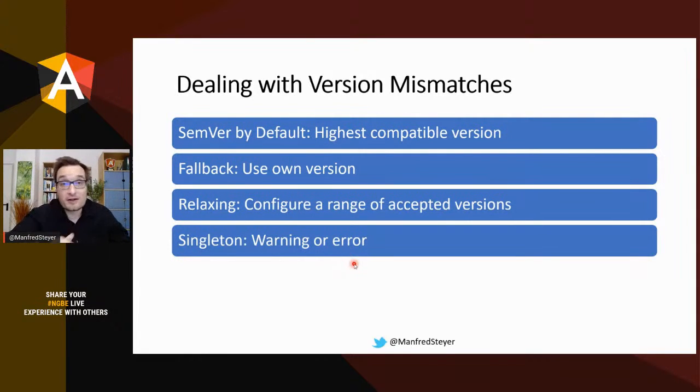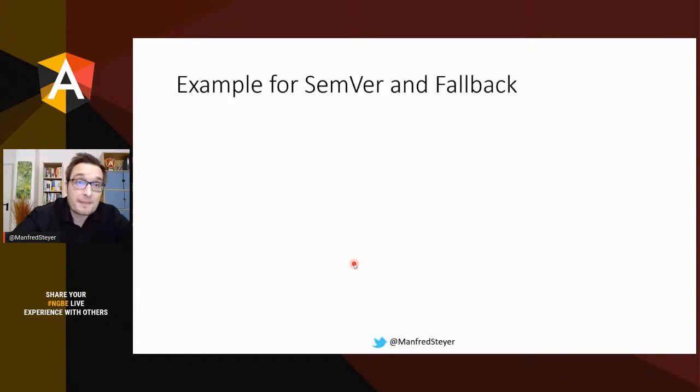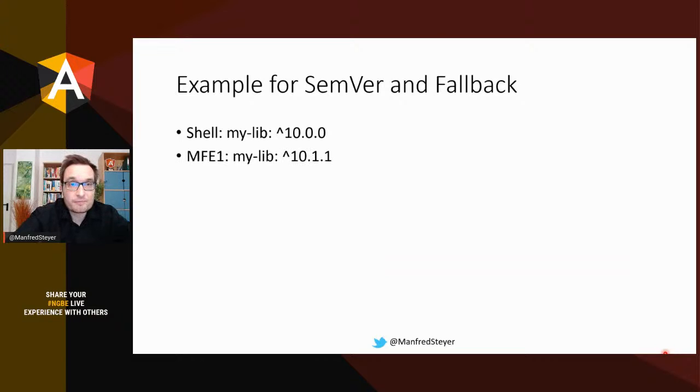I know this is a lot of theory. That's why I broke it down for you to several examples. So let's assume our shell is going with a library in the version 10. And let's say the micro frontend 1 is going with a library in the version 10.1.1. And we have a micro frontend 2, which is still using version 9.